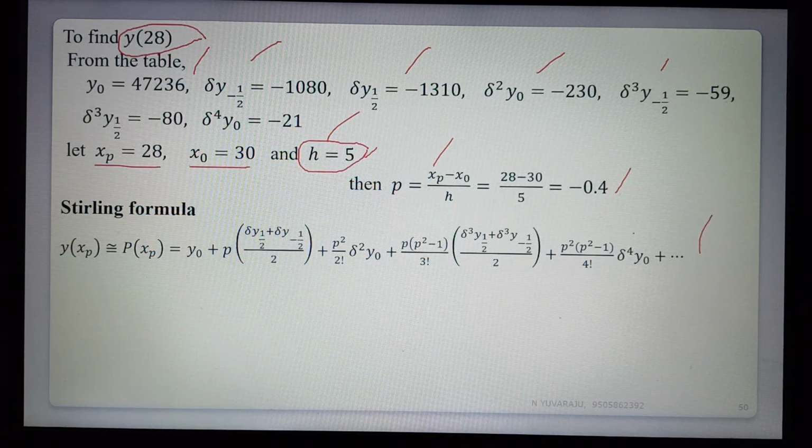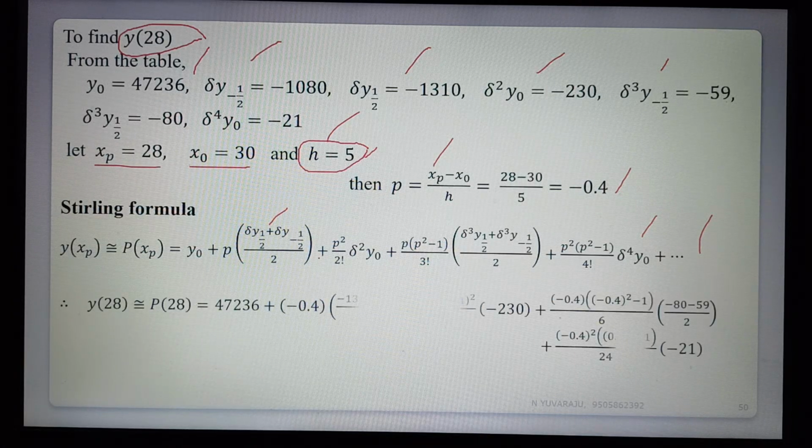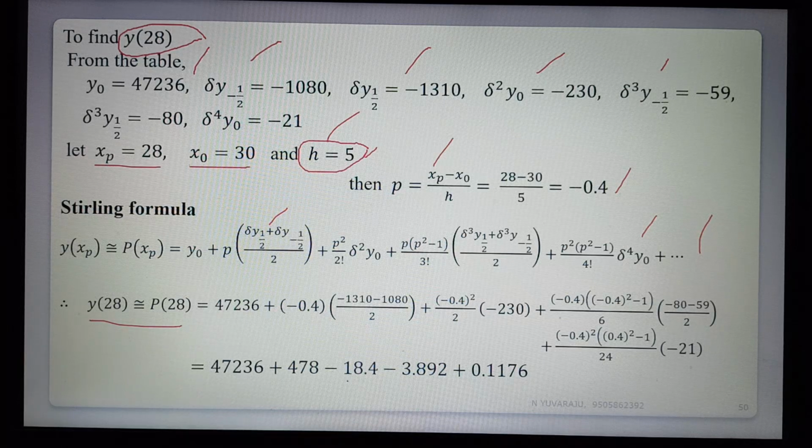So this is the Stirling formula, average of the Gauss forward and backward, that is equal to y naught plus p into delta y 1 by 2 plus delta y minus 1 by 2 by 2 plus p square by 2 factorial delta square y naught plus, and so on, up to the 4th order you have to choose. Substituting all the above values here and after simplification, y of 28 is equal to 47,691.82.